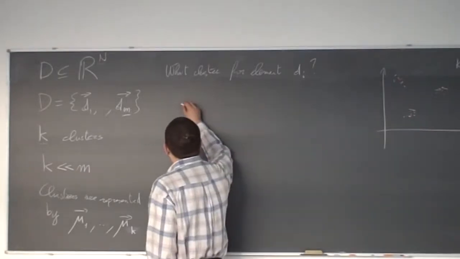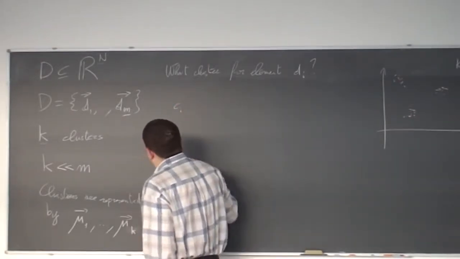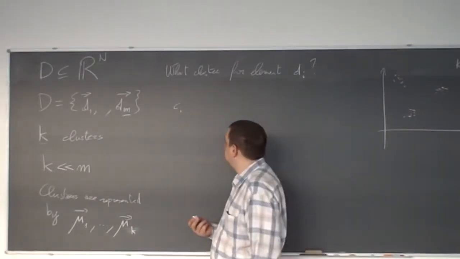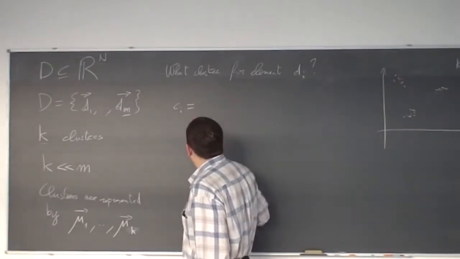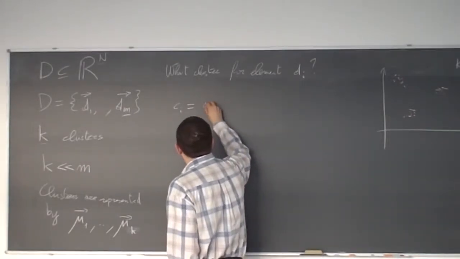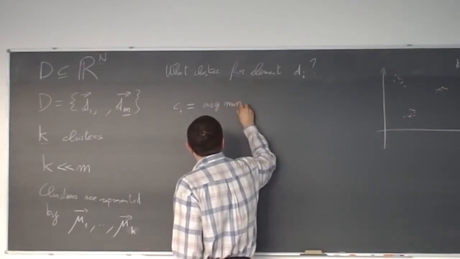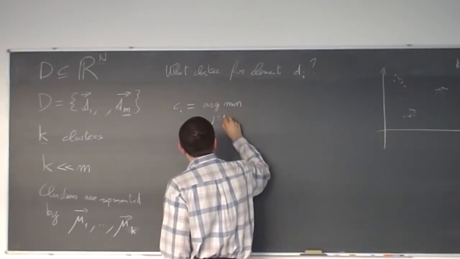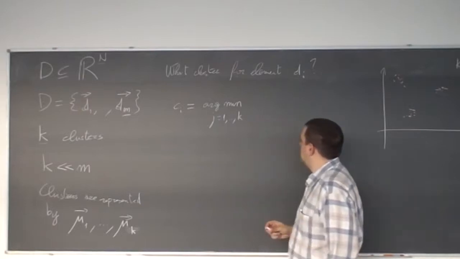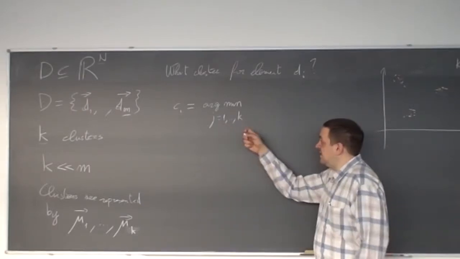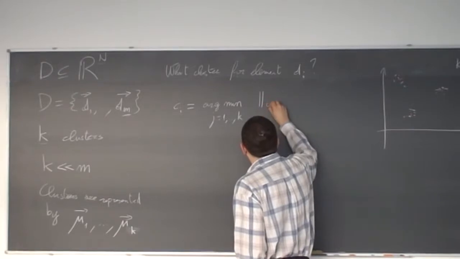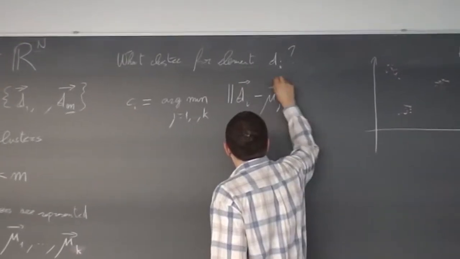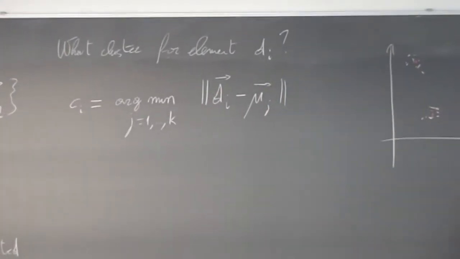So the cluster of element i, let's say Ci, where C is for cluster, is the cluster index that minimizes the distance from the representative.